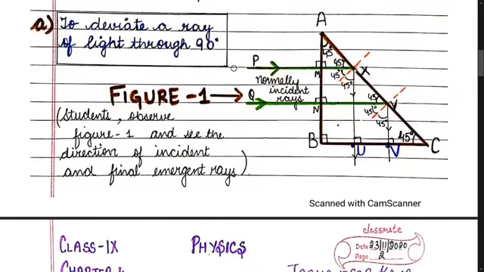First of all, see the ray denoted by symbol P. This ray is normally incident on the surface AB of the prism. Normal incidence means the light will move inside the prism without getting deviated.